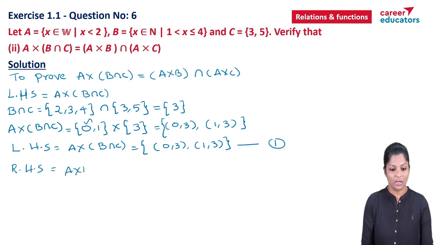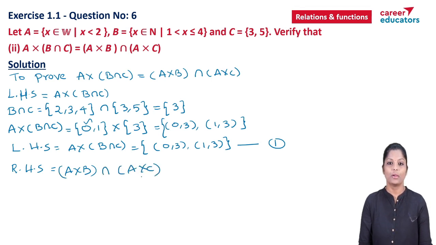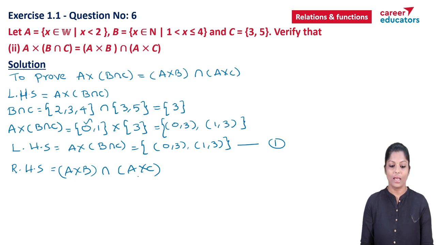RHS is A cross B intersection A cross C. To find RHS, we have to find A cross B and A cross C. Then we have to do the intersection between A cross B and A cross C. We have already found A cross B and A cross C in the first subdivision.